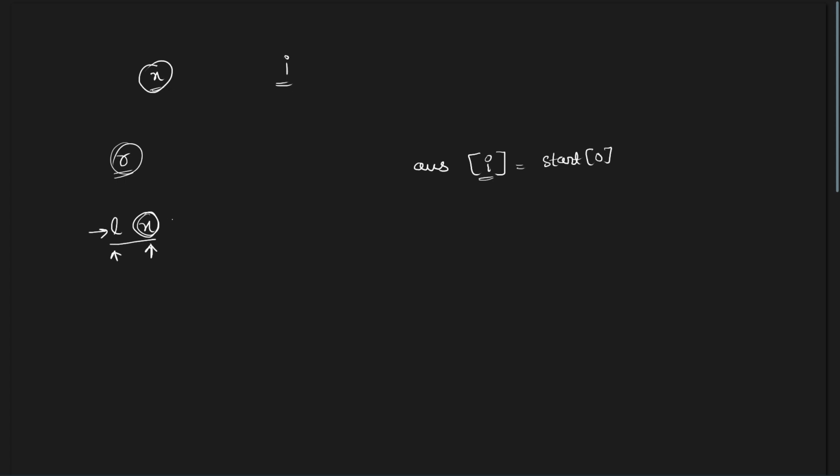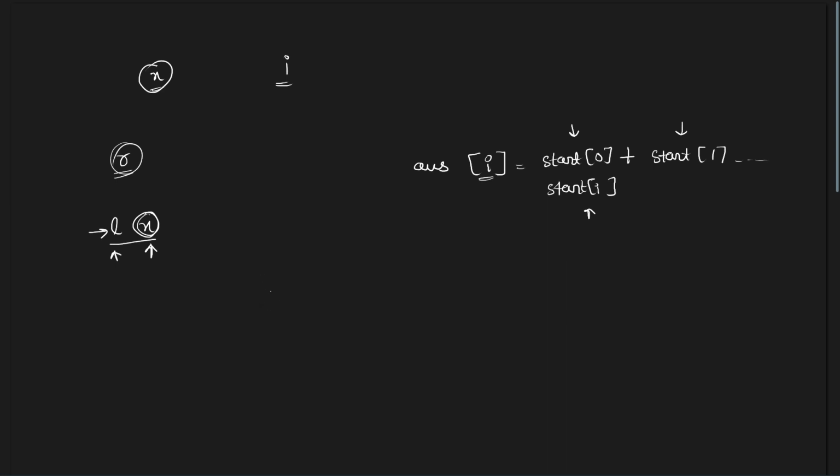So for the ith index, all the ranges that are starting from 0, plus all the ranges that are starting from 1, up to all the ranges that are starting from I, right? So this part is pretty simple: if I am considering only the left range, then all the integers starting from 0, 1, 2 till I will contribute to my answer of I, right?